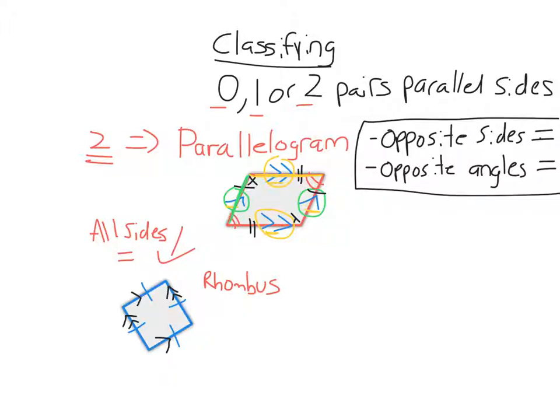So I said before that opposite angles are always equal in a parallelogram. So this one and this one will be equal, and this one and this one will be equal, right? But there's nothing that says all 4 angles must be equal to each other. The green angle is not necessarily equal to the black angle.